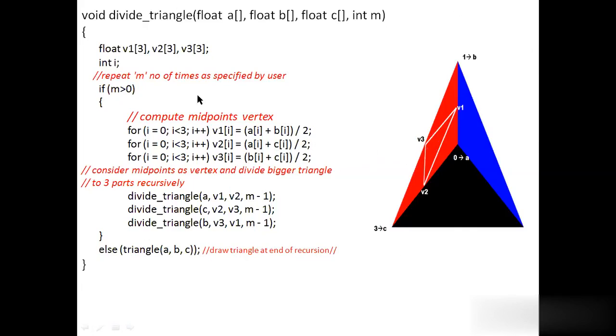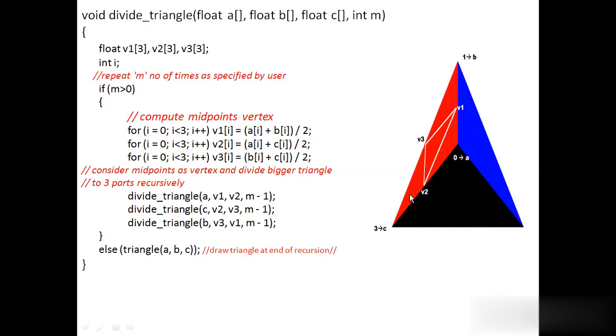How have they been calculated? These are the midpoints. Now how to compute this? This is very important. I am using a looping statement, so V1 is nothing but (A plus B) by 2. In the same fashion, V3 is (B plus C) by 2, and V2 is (A plus C) by 2.